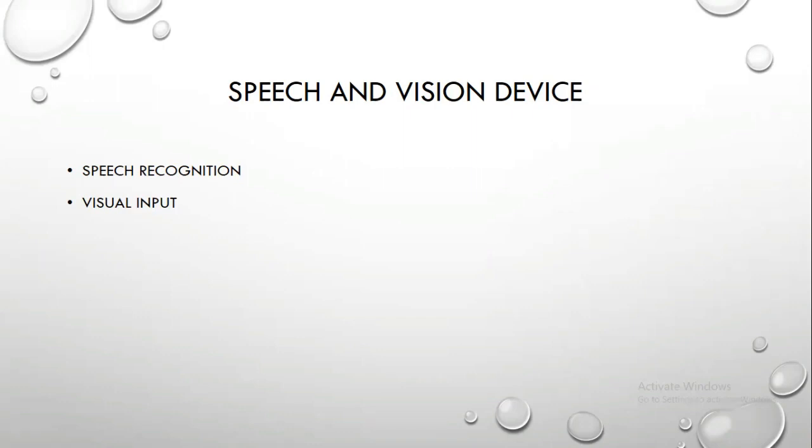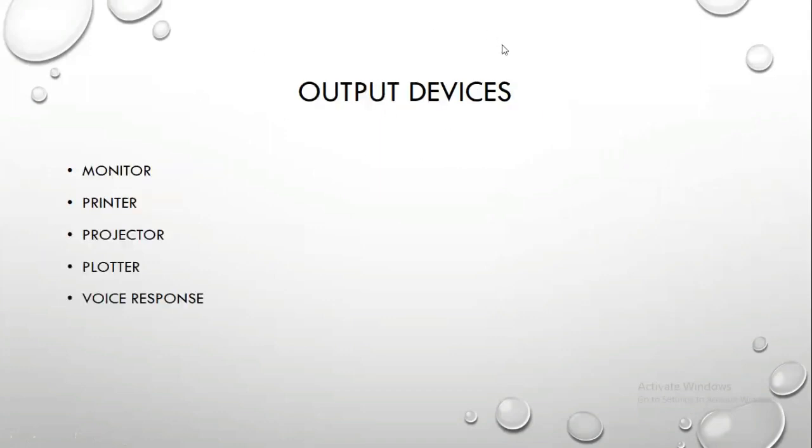For example, if we want a robot to do a particular task like mining or surgery, a camera is used in that robot and it provides visual input to the robot. Two or three times we have discussed the driverless car, and in that also a visual input device is there, that is a camera, and that input is sent to the processor that is controlling the car, and accordingly the car is controlled.